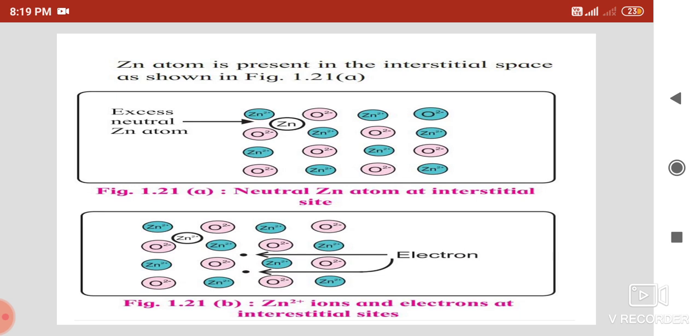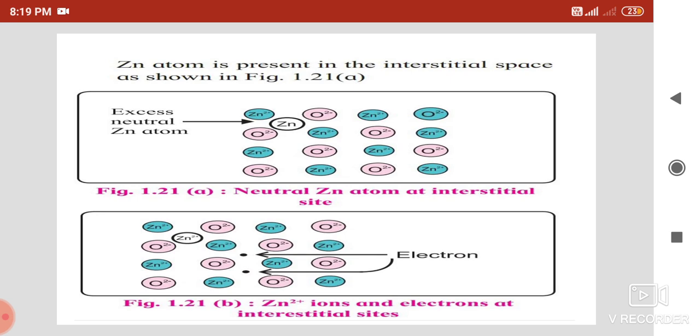So it is an excess metal. The neutral zinc atom comes into the interstitial spaces. So that is the first one.